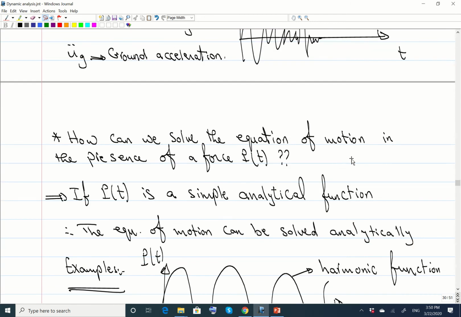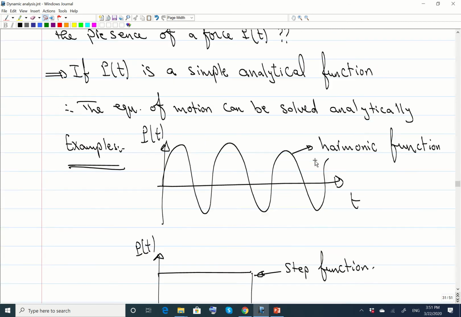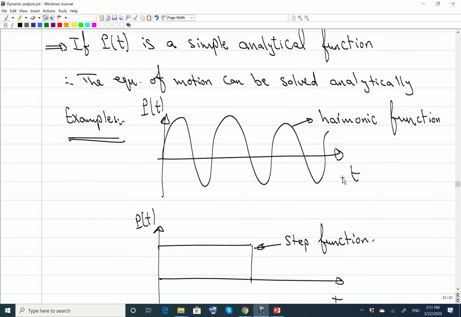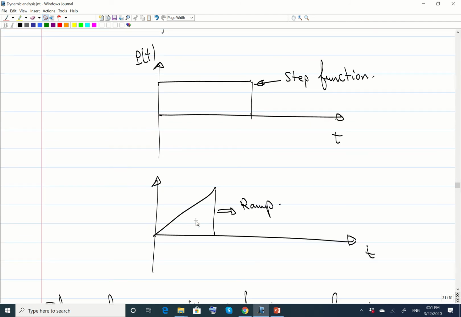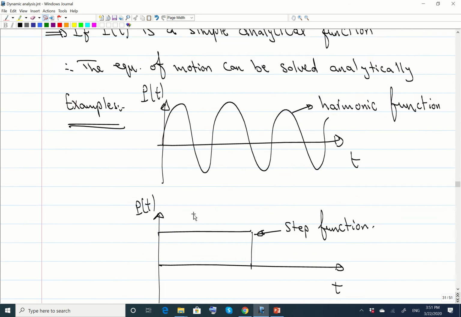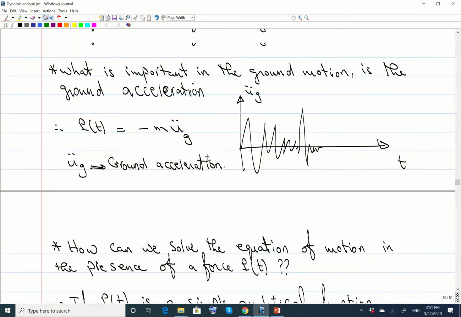Now, how can we solve the equation of motion if we have P of t? If P of t is a simple analytical function, for example a harmonic function like this, or a step function, or a ramp, those are simple forces. You can find an analytical solution to that equation.